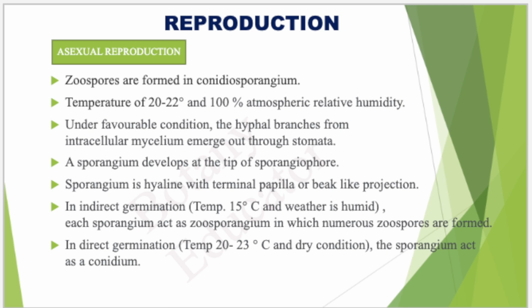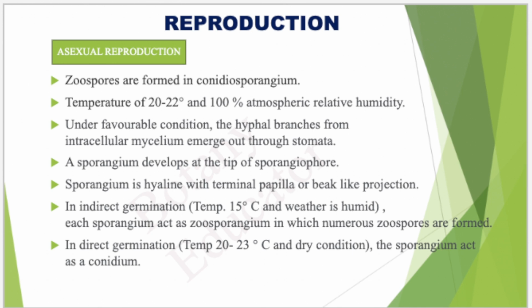In this zoosporangium, small zoospores will be formed, and at 15 degrees Celsius, at a lower temperature and humid conditions, zoospores are formed. If the conditions are dry, then what will happen? In this asexual condition, zoospores will not form.